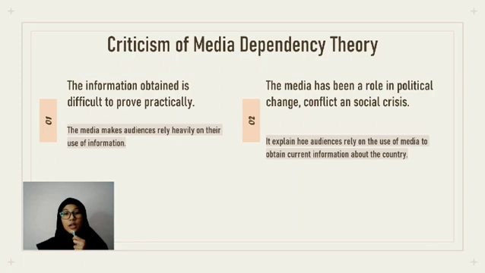The media makes the audience rely heavily on it for information. And number two, the media has a role in political change, conflict, and social crisis. It explains how the audience relies on the media to obtain current information about the country. So that's all for me. Thank you.